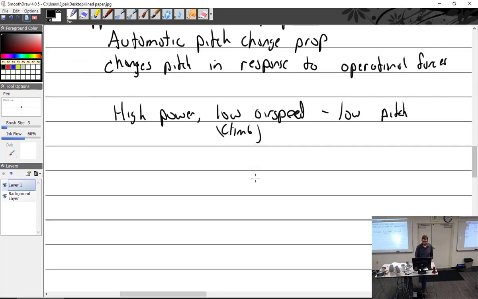So at high airspeed with moderate power, where am I going to be? Cruise.